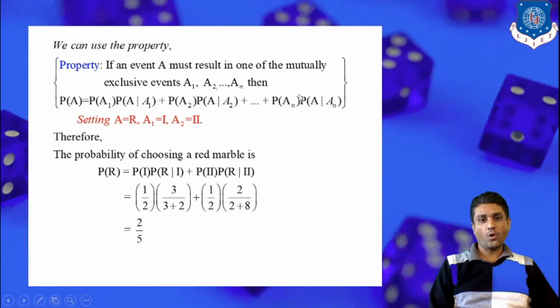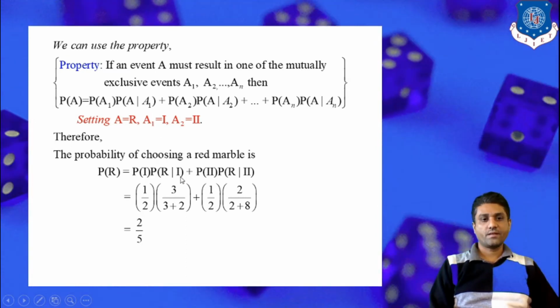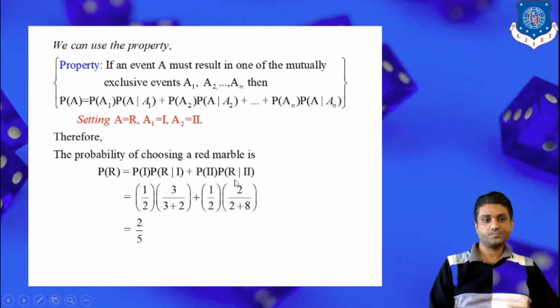So in this formulation, A is replaced by R, A1 is replaced by Roman 1, so probability of A1 is probability of 1, and probability of R given A1 is replaced by probability of R given 1. Same thing, probability of A2, that is probability of 2, and probability of R given 2.